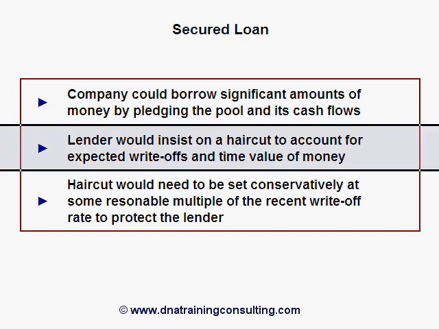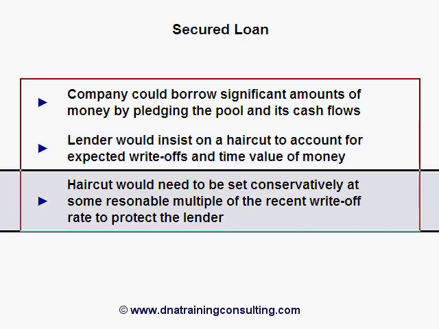The lender would logically be reluctant to lend the full $125 million face value against the pool, knowing that some minimum level of defaults can be expected to occur, and so would insist on what we call a haircut, i.e. a reduction in the principal amount of the loan that reflects, at a minimum, the average write-off expectation of 0.5%, in addition to the time value of money, since the receivables will not turn into cash for another 30 days.